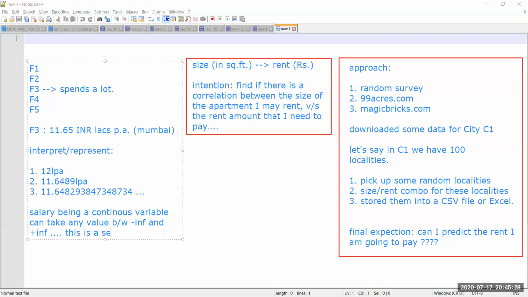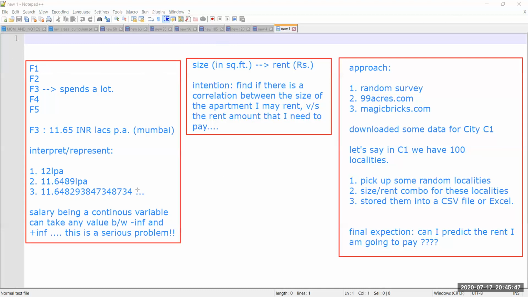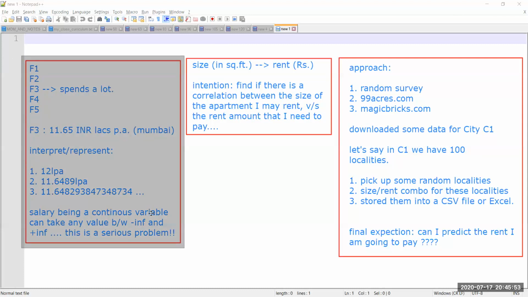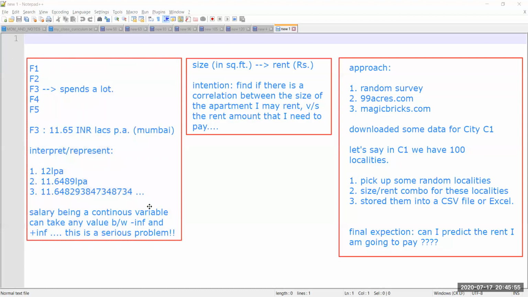This is a serious problem. Why? Because I will never be able to quantify the actual salary that he gets. So whatever actual salary my friend F3 is really getting can never be quantified. This is my issue, and this is the only reason why I can actually never do any prediction in this case.